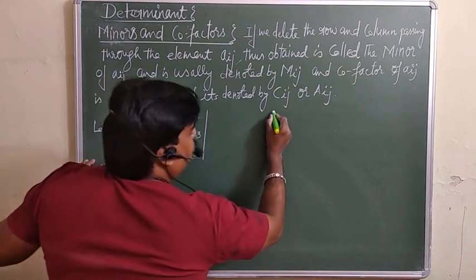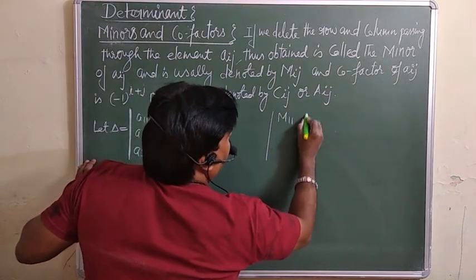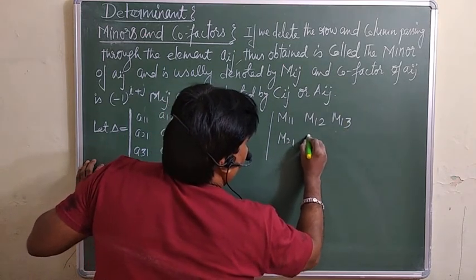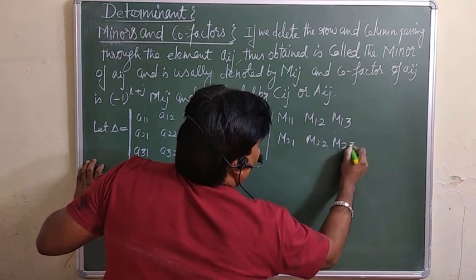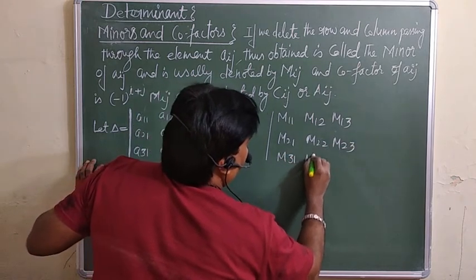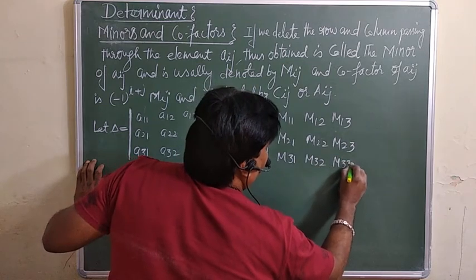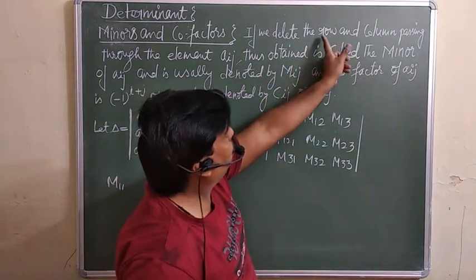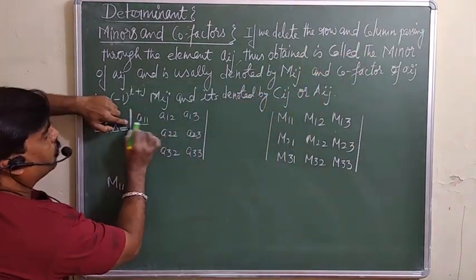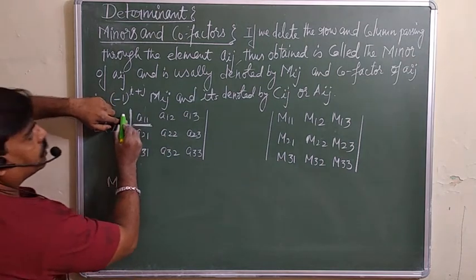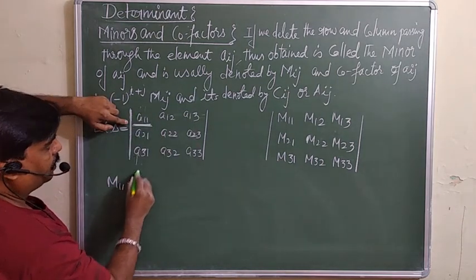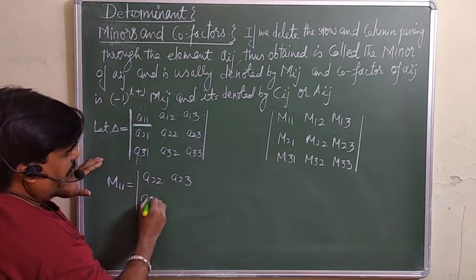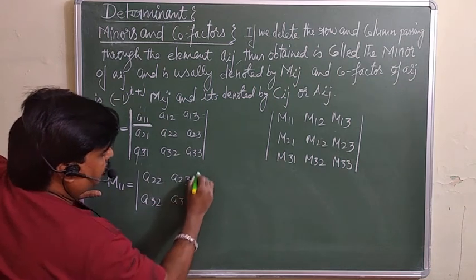If we denote the minors by M11, M12, M13, M21, M22, M23, M31, M32, M33, then to write M11 we delete the row and column of A11. Your minor will be A22, A23, A32, A33.